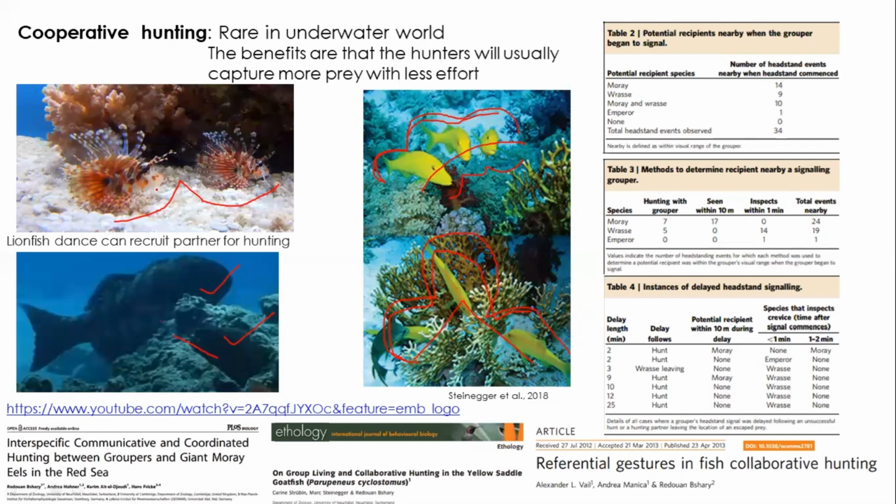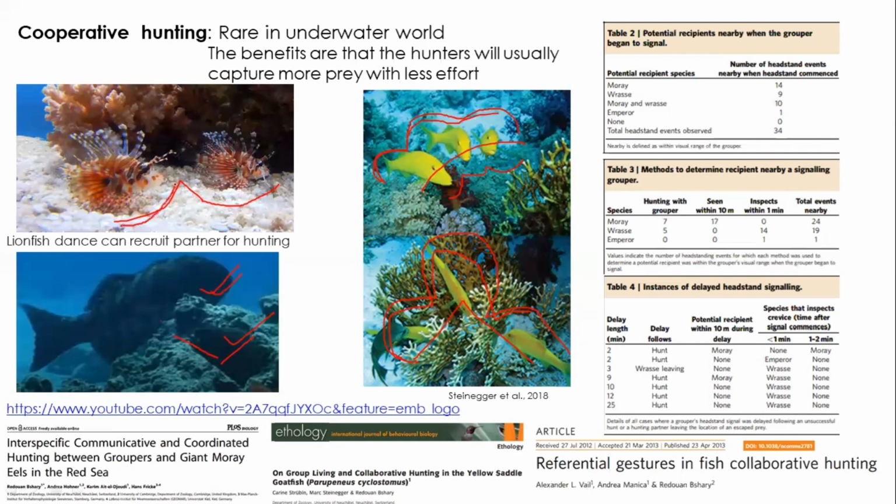For example, in this case, groupers will shake the head, telling the eels that there is a prey, and then the eel will go. Since eels can easily go into the holes in the reefs, they contribute in that way, right? So this is how the cooperative hunting occurs.